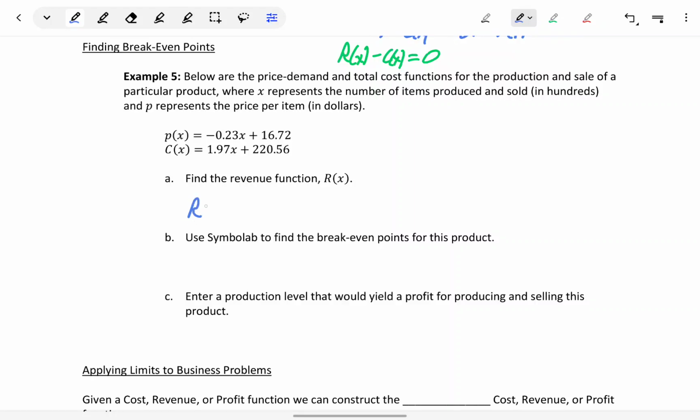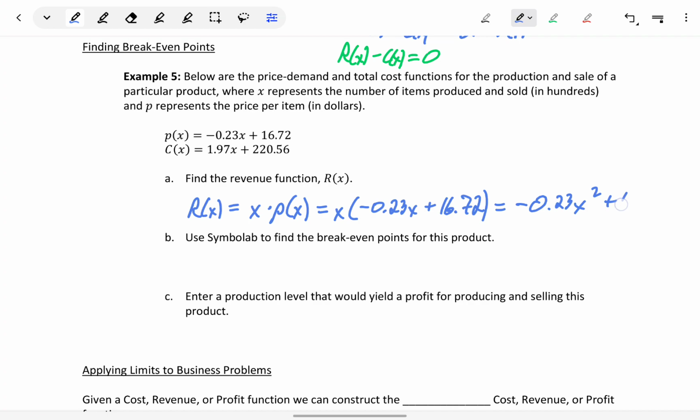To find a revenue function, we take x, units sold, times price, which in this case is in the form of our price demand function p of x. So we get x times negative 0.23x plus 16.72, or negative 0.23x squared plus 16.72x once we distribute x through those parentheses.